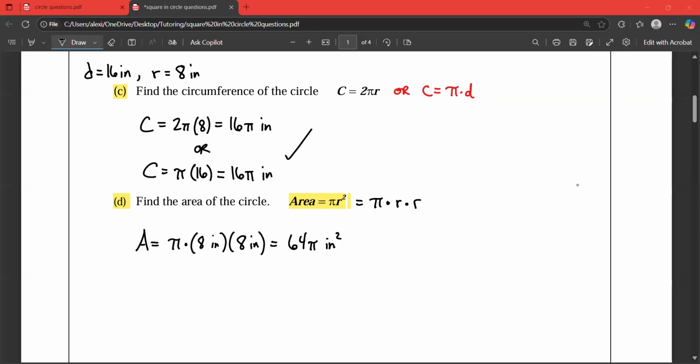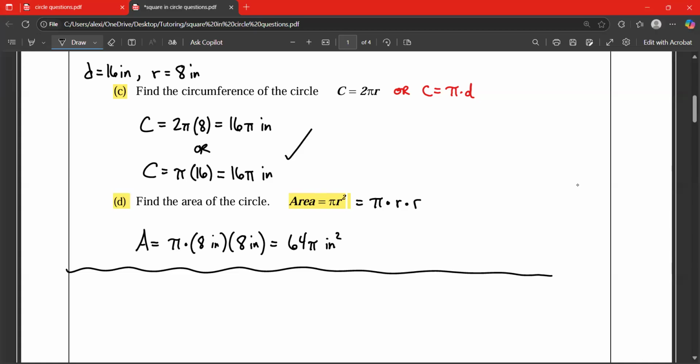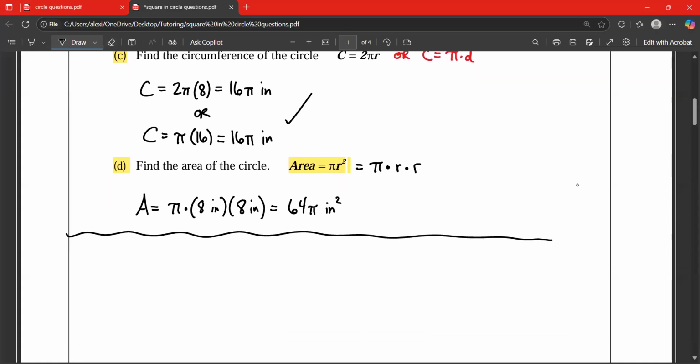All right, so as a recap, let's just go ahead and remind ourselves one more time. There's a relationship between radius and diameter. Radius is half of diameter, and diameter is 2 times radius. There are 2 formulas we can use to find circumference.